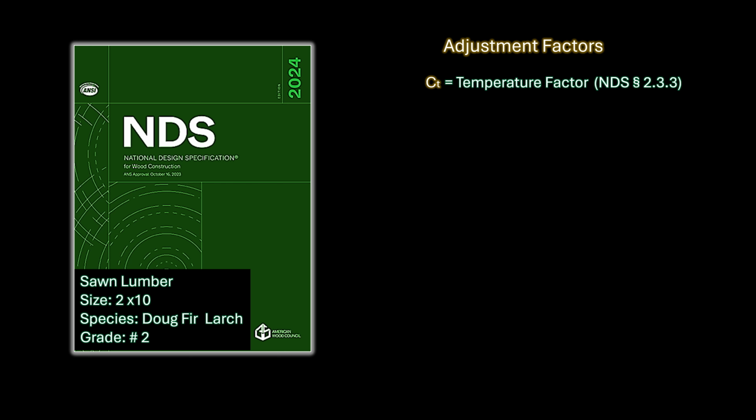In all cases, for in-service temperature conditions that are less than 100 Fahrenheit, the adjustment factor for temperature is 1.0. While there are areas where temperatures will occasionally exceed 100 Fahrenheit in summer months, the decision to use a lower factor per the NDS or 1.0 for such areas is left to the engineer's judgment. For this example, we will use a temperature adjustment factor of 1.0.